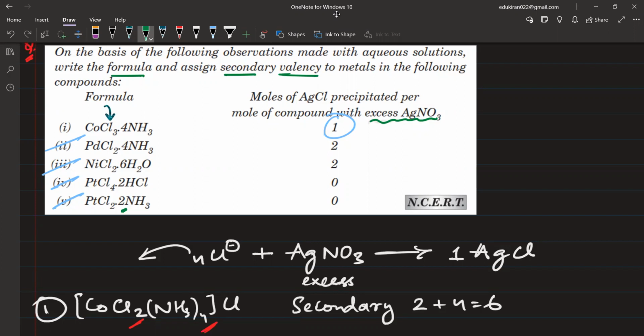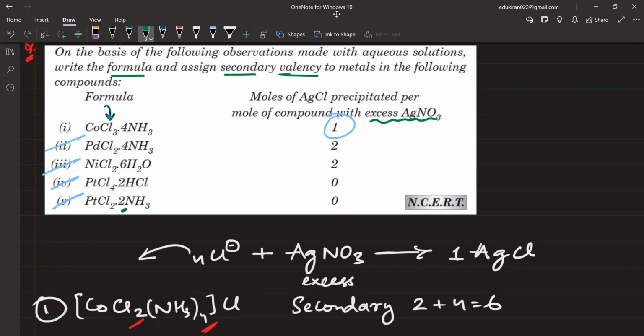Just received it. Oh my God, look at how you sent it. Yes, sir. Can you please resend it? The second one is not clear, like Pd, NH3, whole 4.